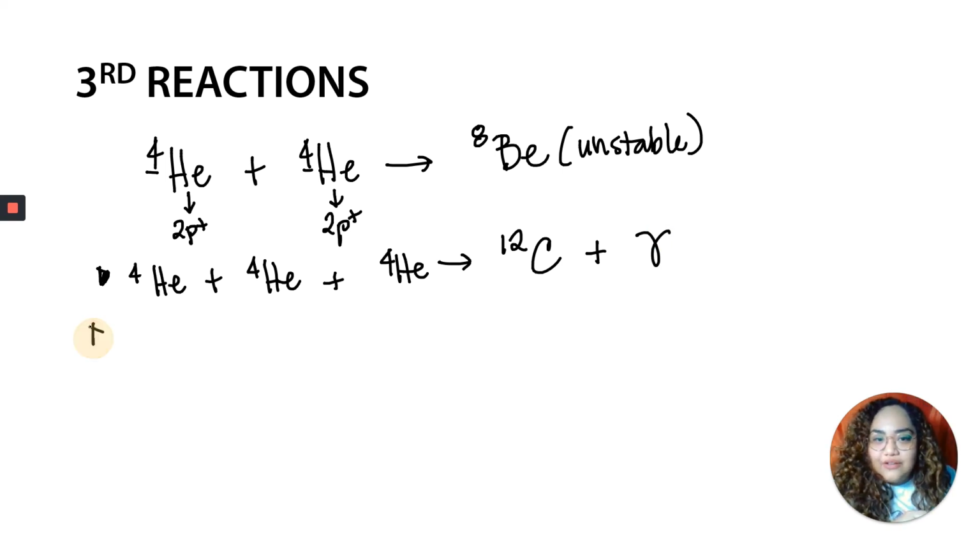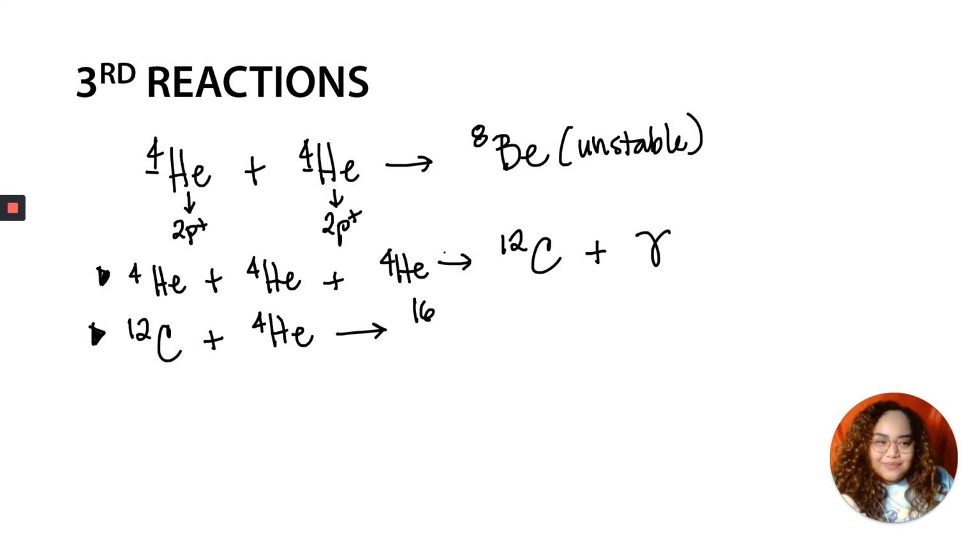Now, let's take 12 carbon and let's have it react with another 4 helium. Let's try to see what we're going to get. So let's determine the mass first. That's 12 plus 4, exactly 16. And then let's determine the element. Carbon, because it has an atomic number of 6, will have 6 protons.